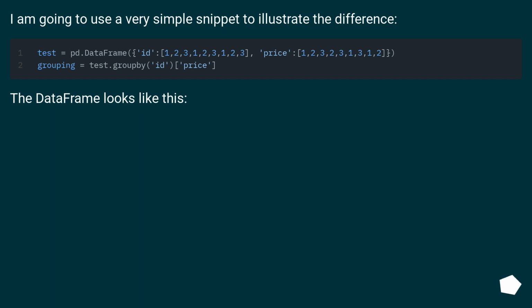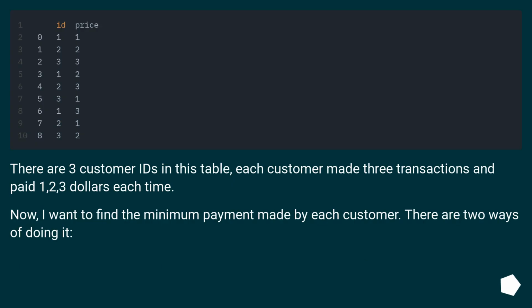I am going to use a very simple snippet to illustrate the difference. The data frame looks like this. There are 3 customer IDs in this table. Each customer made 3 transactions and paid $1, $2, $3 each time. Now, I want to find the minimum payment made by each customer.